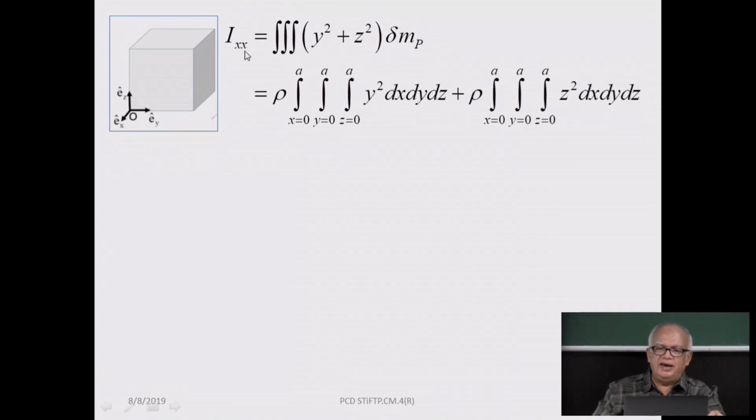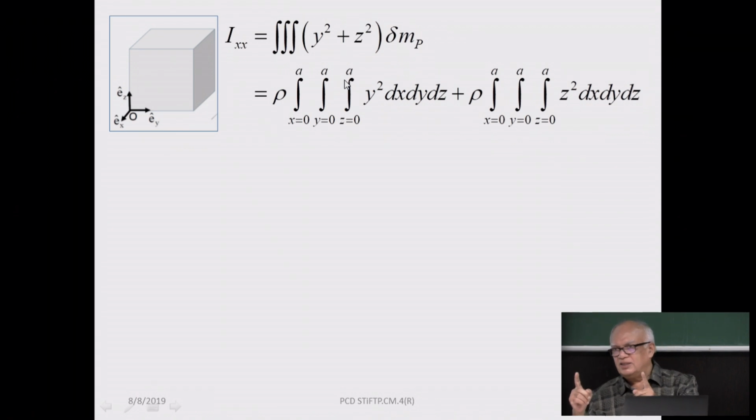Let's look at Ixx. These are independent degrees of freedom, so you can carry out the integrations independently of each other, right? So you will have rho coming from here, then you have an integral y squared dy going from 0 to a, which is the length of the side of the cube.